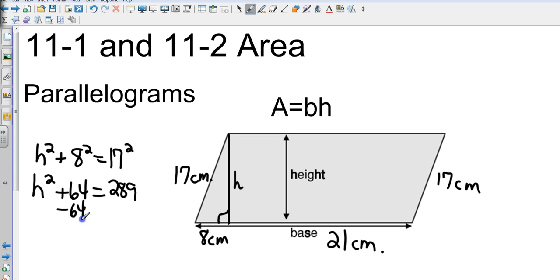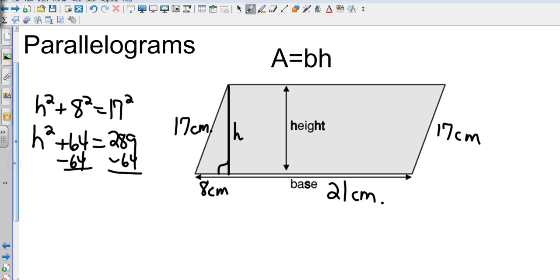Subtract the 64. And they've given us a nice easy one there. That's going to be 225. Square both sides. So the square root of 225 is 15. So my height is 15.